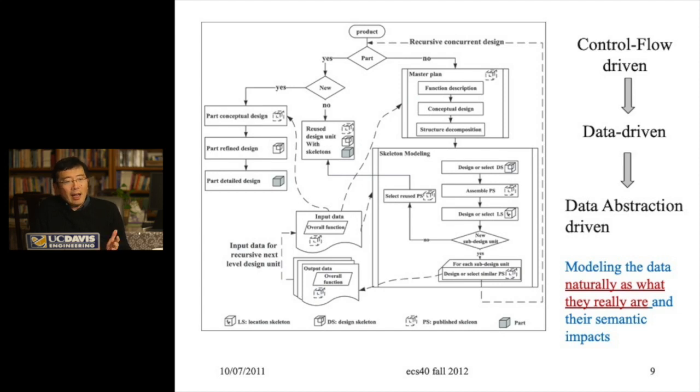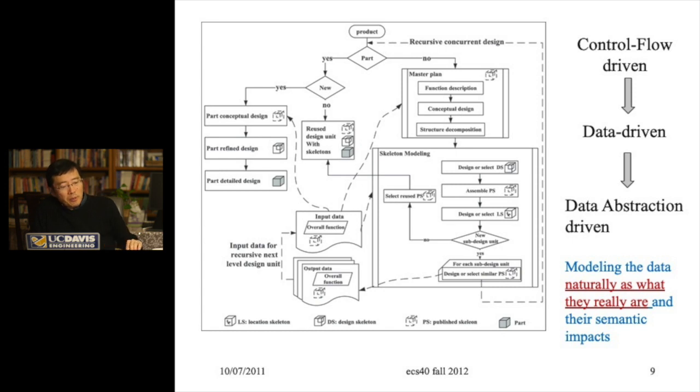We have lots of data that is potentially tedious and low level that we need to deal with. So going from control flow to data driven is already a big step. We're actually focused on the right thing, but the data could be really, really complicated for us to even understand what data are relevant. And therefore, we move from data driven to what we call data abstraction driven.